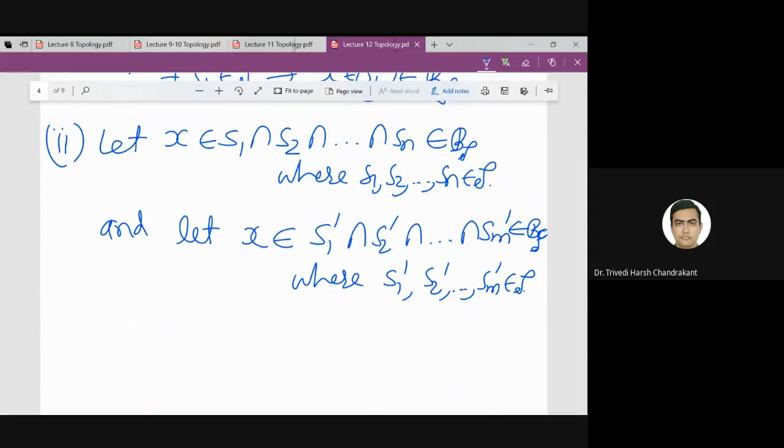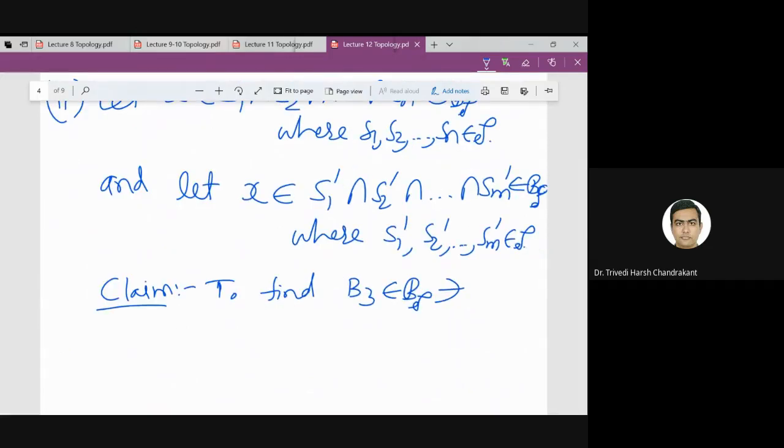The claim is to find an element B3 in Bs, which is an intersection of elements of S, such that x belongs to B3, which is contained in both of these elements.